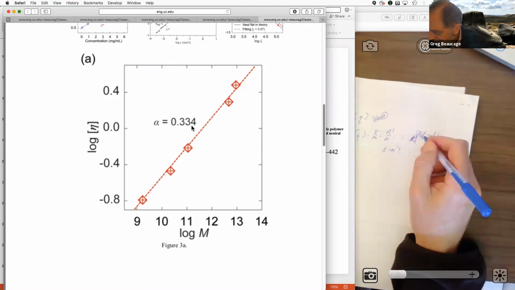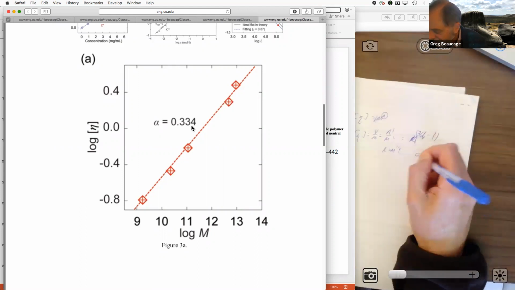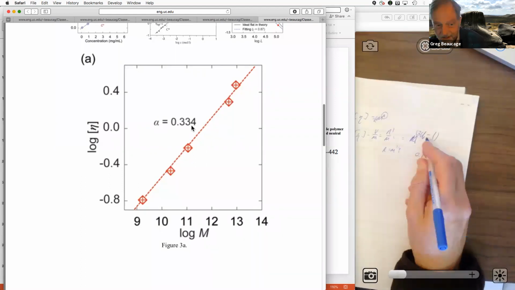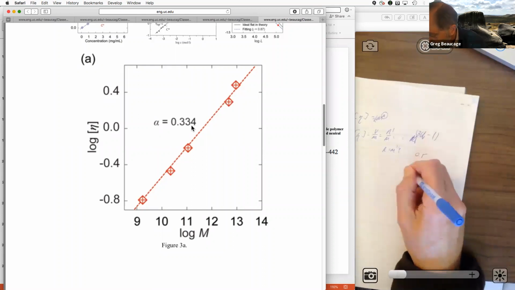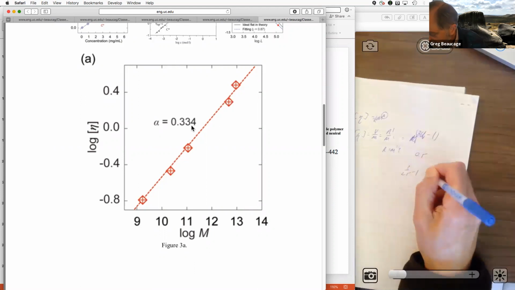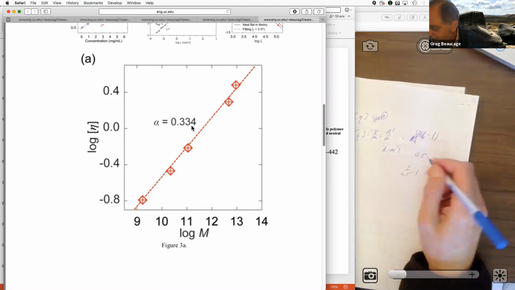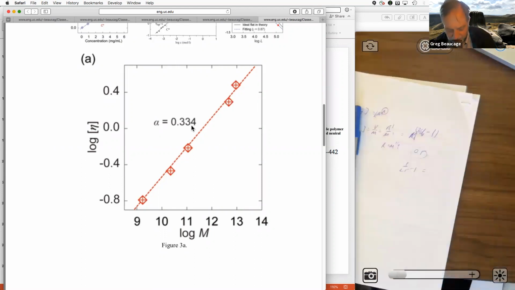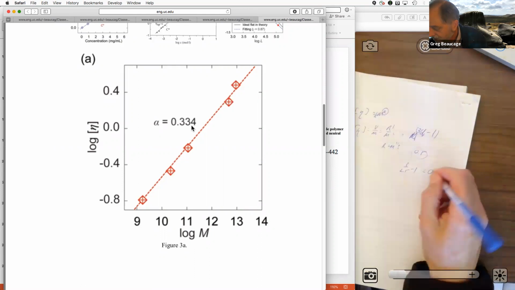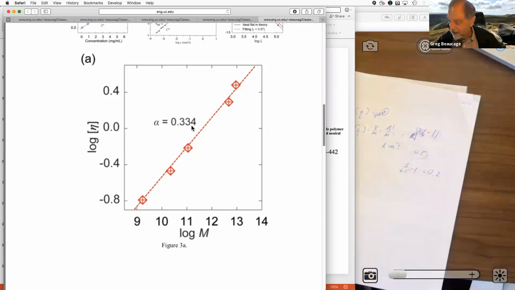So if df is 2, it's 0.5. If df is 2.5, then that number is going to be smaller than 0.5. I mean, 2.5 is the theoretical one that he mentions. So it's 0.2. We did that already, 0.2. Right, and he gets 0.334.